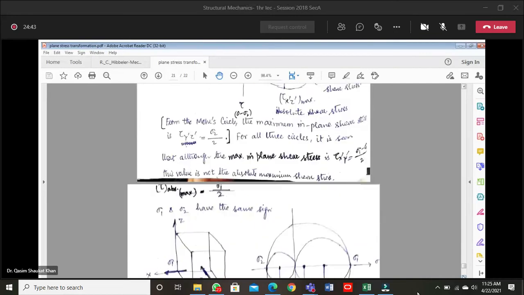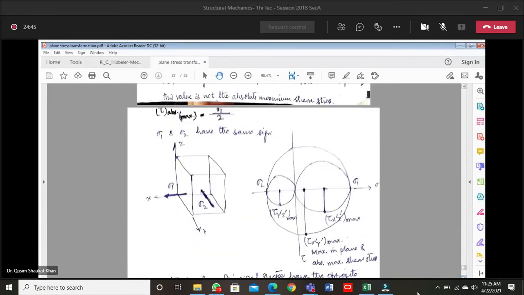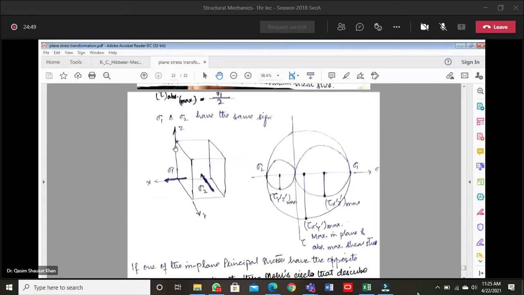So the second scenario. Now, the second scenario is you have sigma 1 and sigma 2. Earlier, sigma 1 and sigma 2 were both positive.